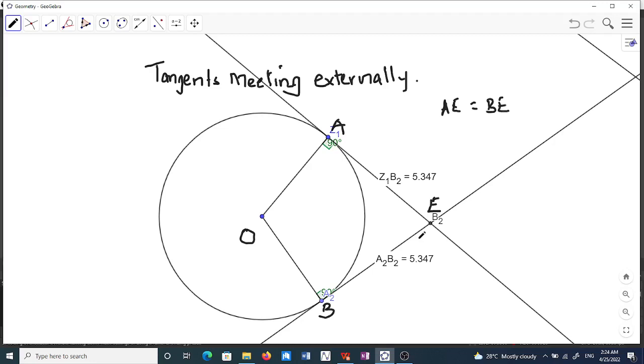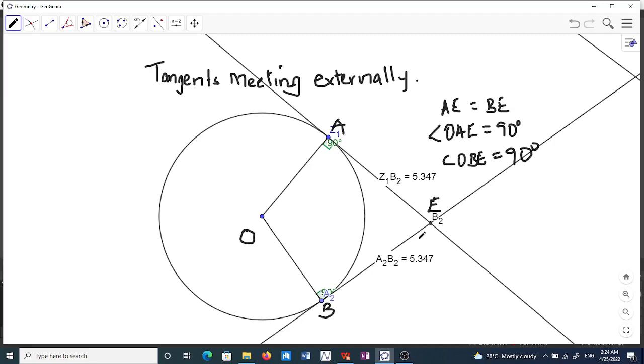That is very important. And the angle OAE is equal to 90 degrees. Very important. And the angle OBE is also equal to 90 degrees. Very, very important.